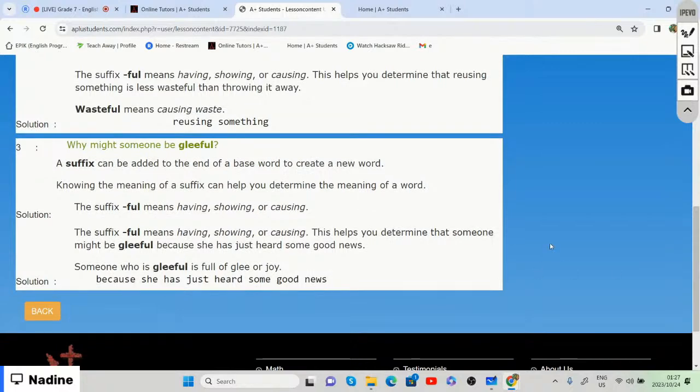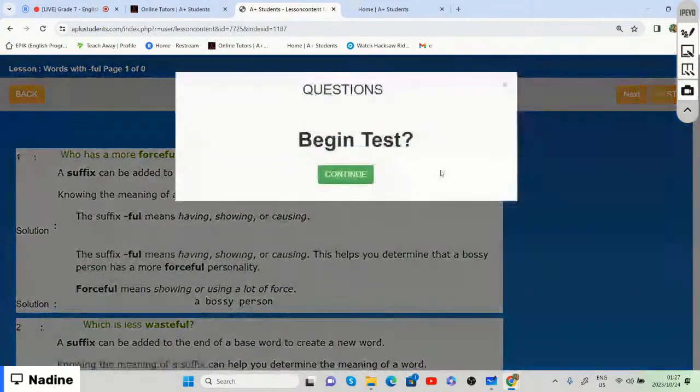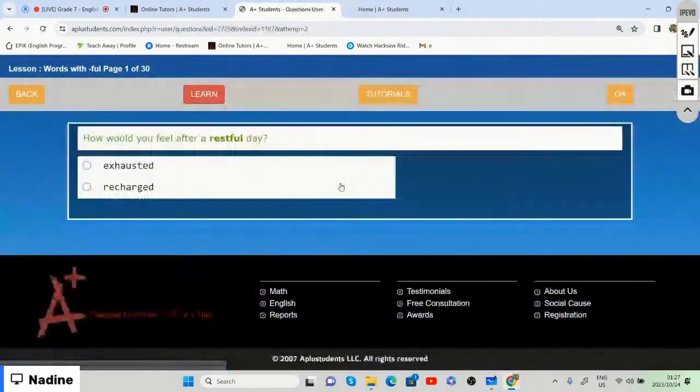All right, so now let's go to our test, where we are going to look at words with full. So, how would you feel after a restful day? If you have rested, you are well rested, how would you feel after a restful day? Do you feel exhausted, meaning that you feel more tired?